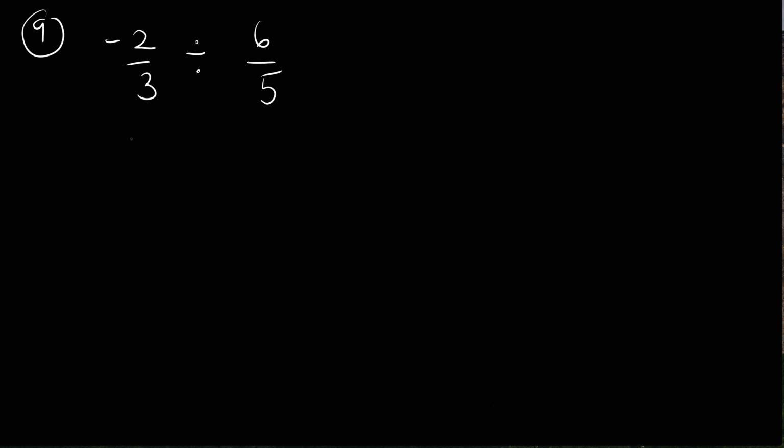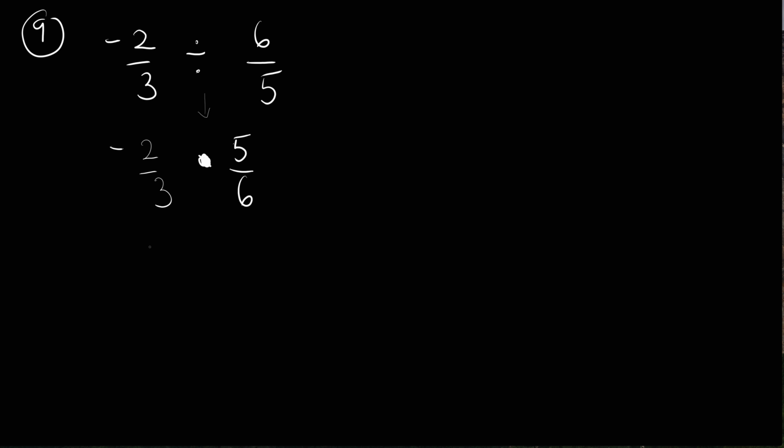Let's do these fractions, division of fractions. So we're going to have to do negative 2 over 3, and we're going to have to change this division into a multiplication statement. You can either put a dot or an x. Well, we're in algebra, so it should be a dot now. And use the reciprocal, which is going to be 5 over 6.